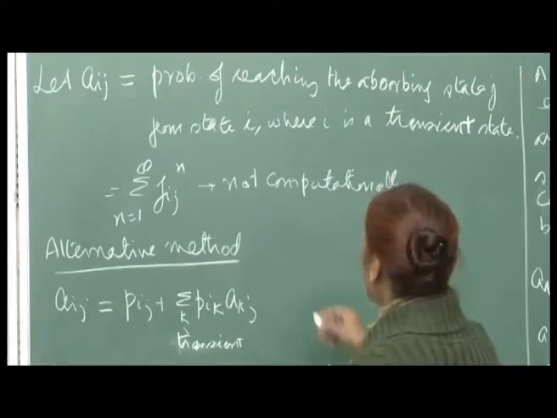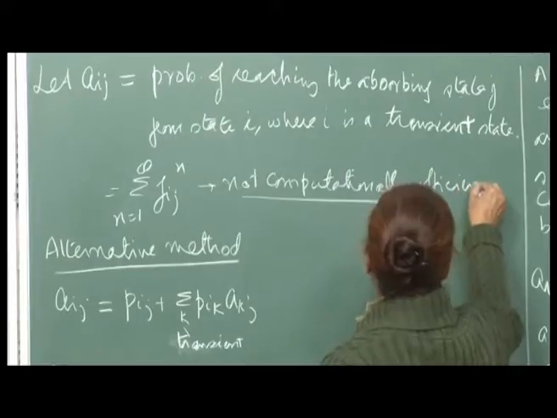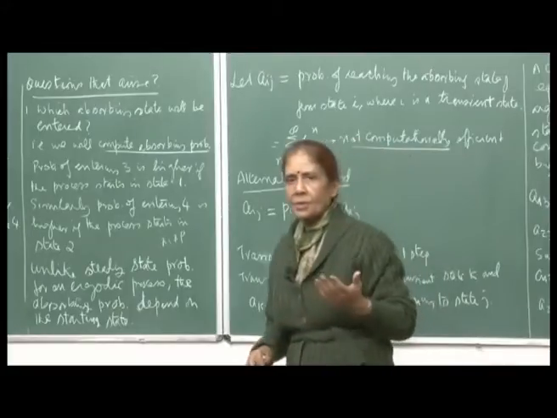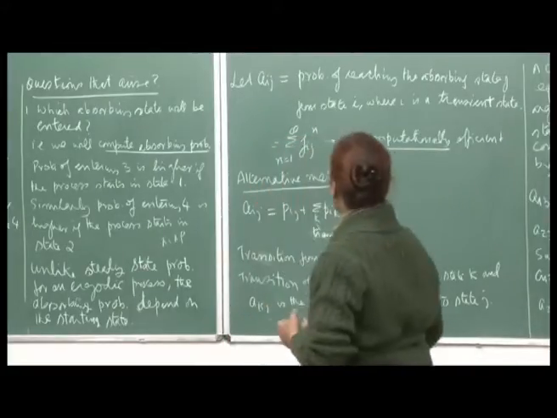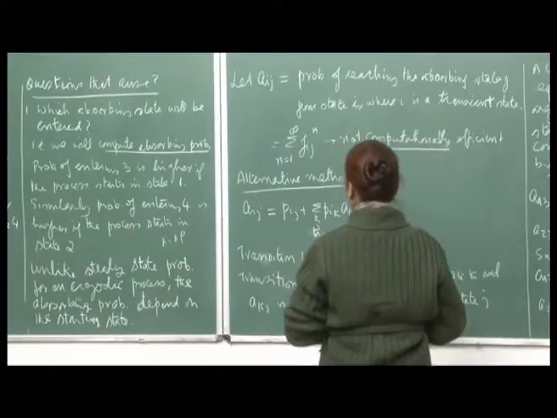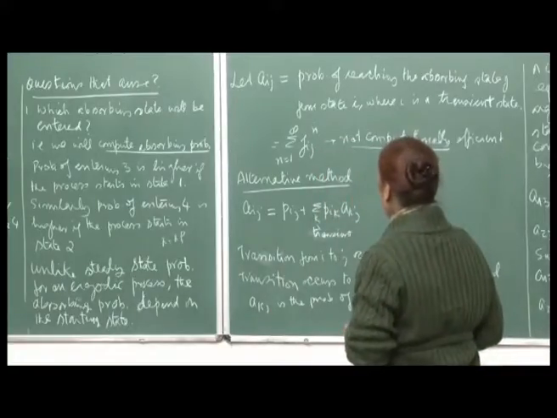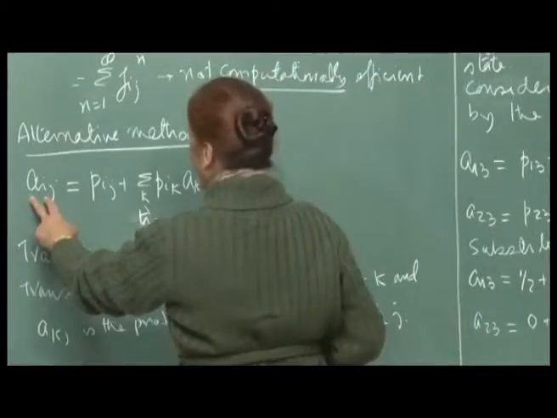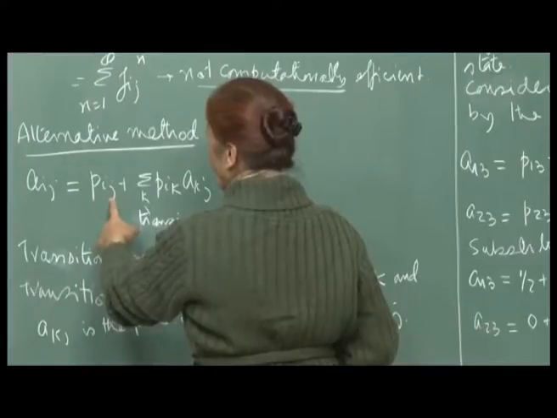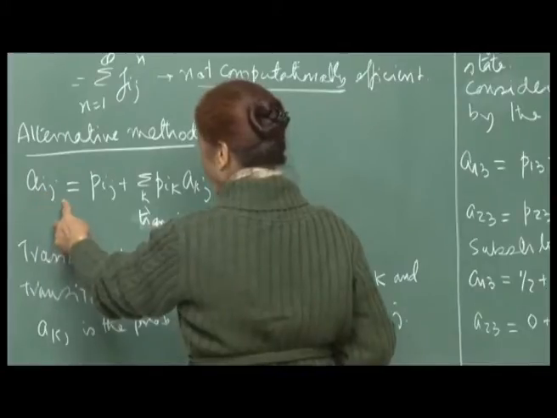Now, this is not computationally efficient, because we will have to compute all the higher powers of the transition matrix, and then compute the Fij(n)'s. So, an alternate method, and this should look familiar because we have already used this kind of argument. If you want to compute Aij, then the transition either takes place in one step, and in that case the probability is Pij, the probability of transitioning from the transient state i to the absorbing state j.